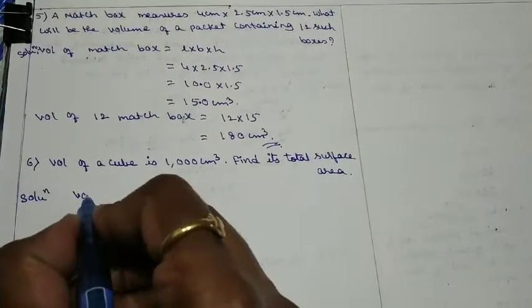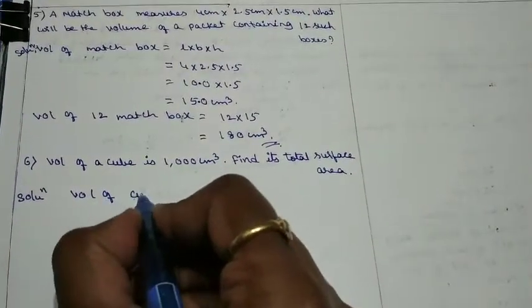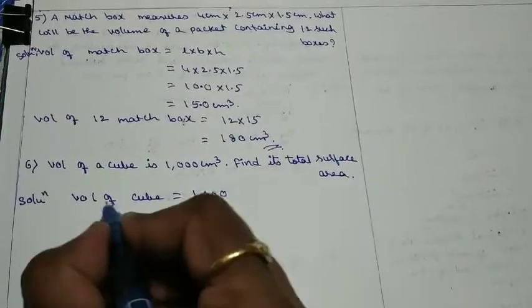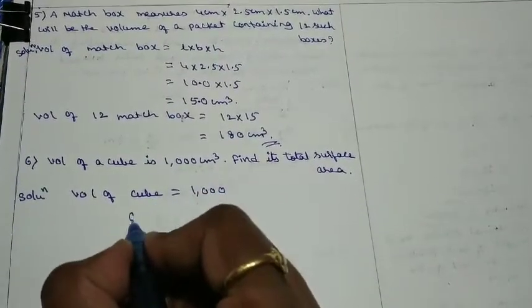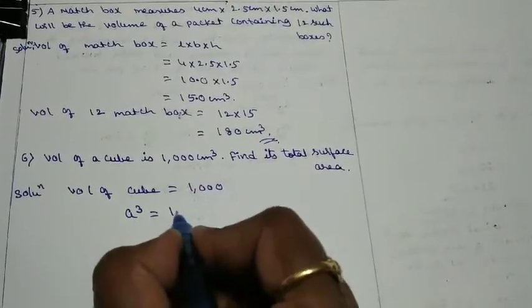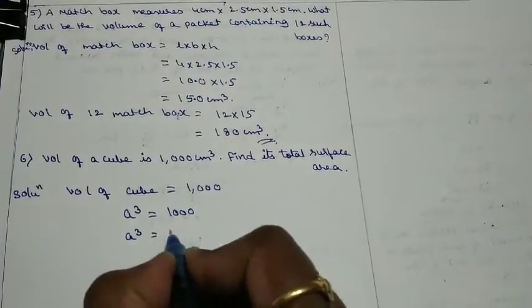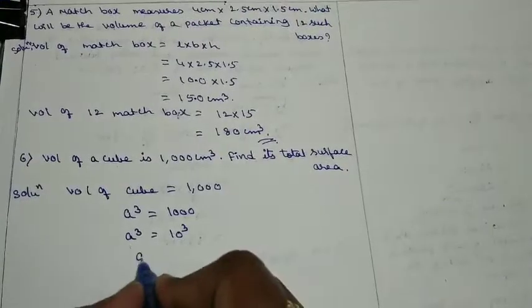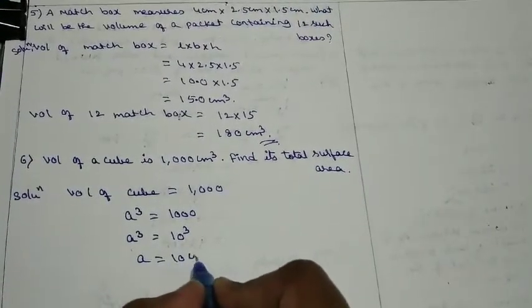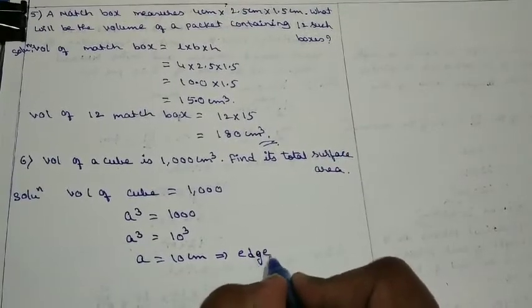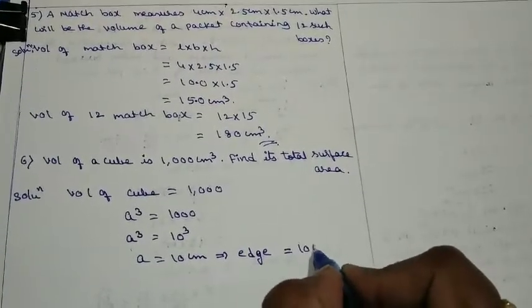The volume of a cube, a³, equals 1000, and we know that 1000 is a perfect cube of 10. Then a equals 10 cm, which implies the edge measures 10 cm.